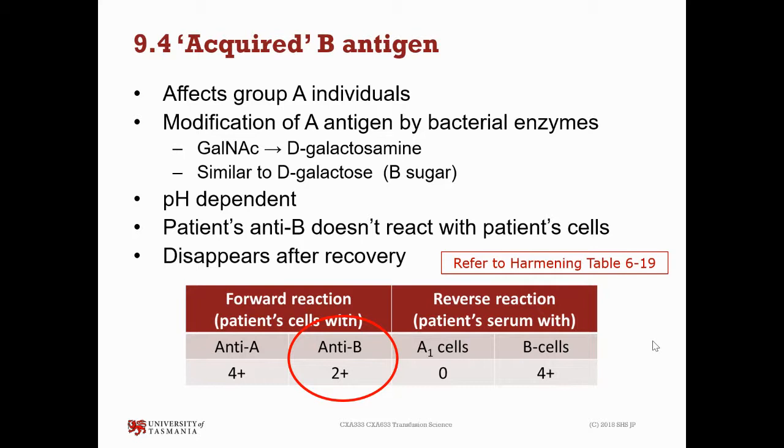The bacterial enzymes produced by the gut flora can breach the physical barriers of the gut and enter the circulation, and the enzymes actually modify the A antigen so that it now mimics a B antigen. You can see here that the reaction is a lot less. So you get this additional weak reaction in your forward group, which is not supported in your reverse group. Once the infection is gone, then you lose that acquired B.